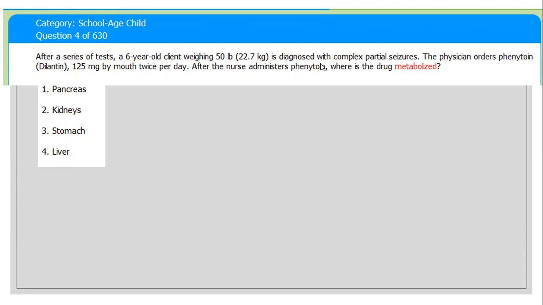anticonvulsant medication, anti-seizure medication. It is called phenytoin, other name Dilantin. But our question is nothing related to this. The examiner asks you, where does the medication go to be metabolized? So the liver is the organ. Most medications go for metabolism there.